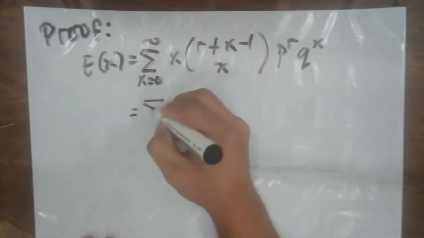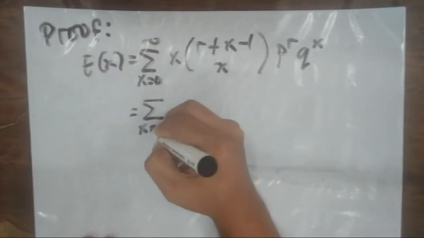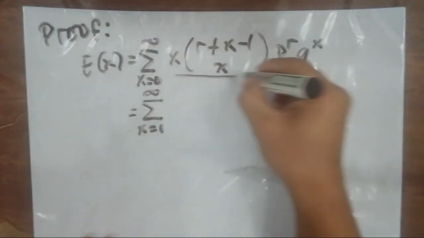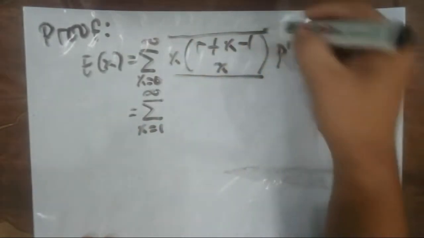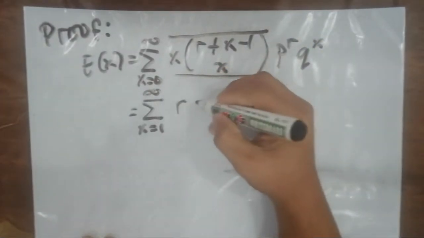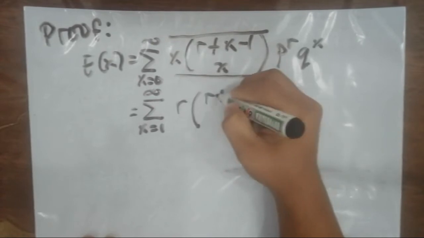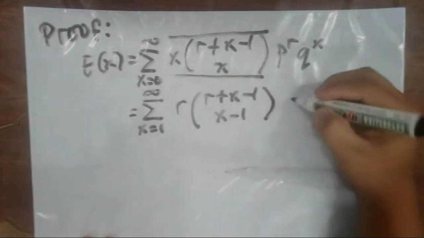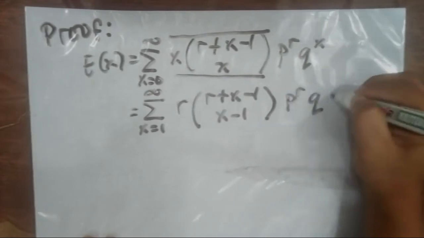This whole thing is equal to 0, so we're going to start at 1. But we know that this part is equal to r times the combination of r plus x minus 1 taken x minus 1 times p raised to r q raised to x.